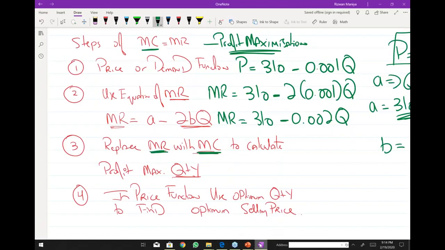So friends, as we know the marginal cost here, let's replace it to find out the optimum quantity. So I'm writing here 21 = 310 minus 0.002 Q, and you will find out Q from this equation now.